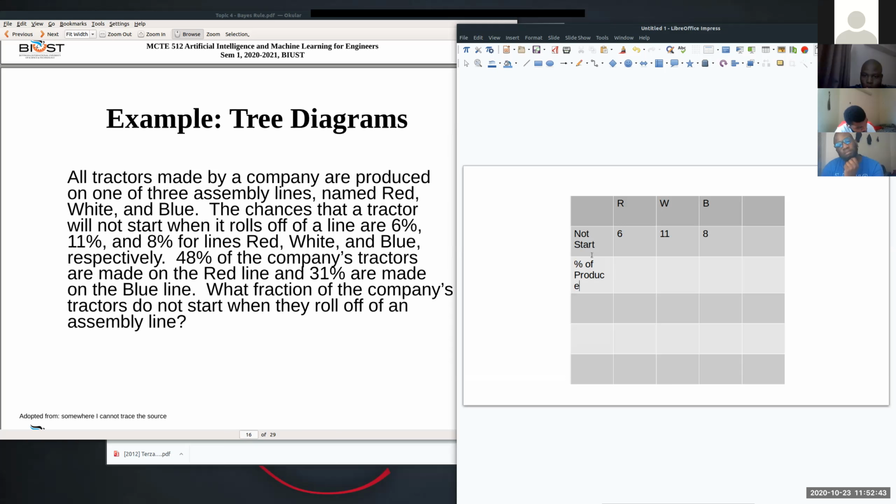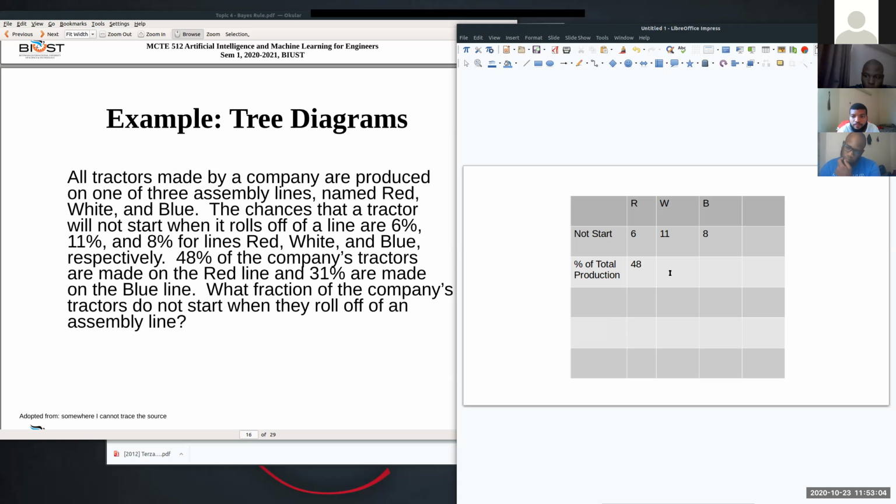Okay, so percentage of, let's say, total production. 48% is in the red line, in the blue line it is 31, and in the white line 21, right? Okay, so now that's the table.